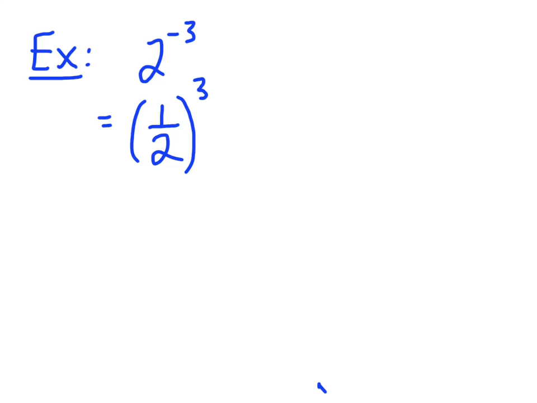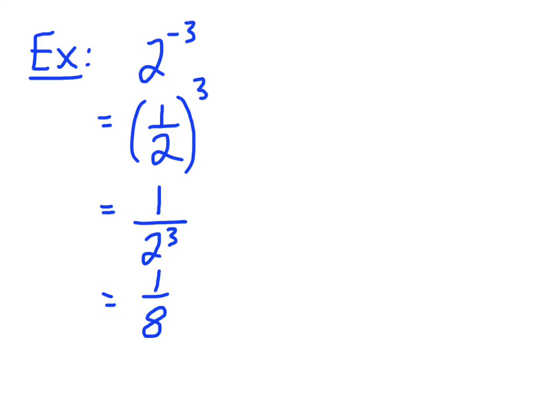Only the exponent changes sign. So I get 1 over 2 to the 3, and of course 1 to the 3 is still 1. Then we get 2 to the 3, and that turns into 1 over 8. There she is. That's all she wrote.